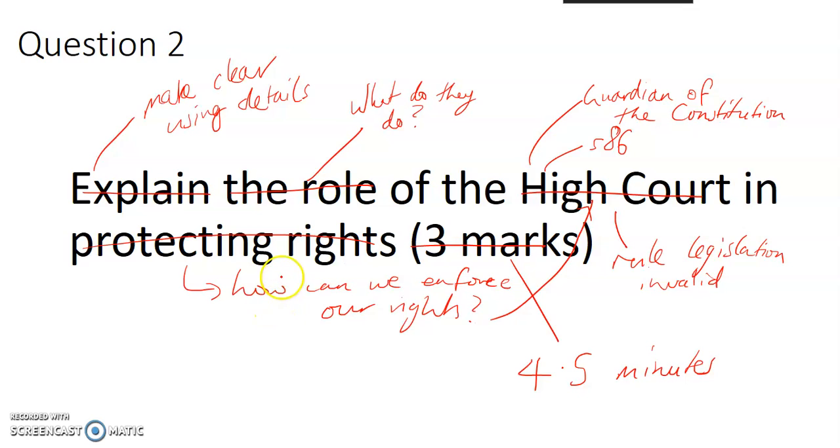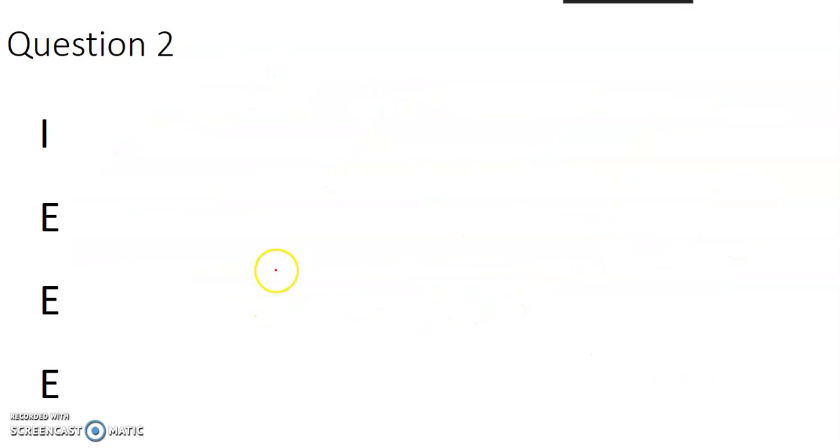All right. So let's go on to using our IEEE answer scaffold. So I'm coming back to how does the High Court protect rights? What can I do if my rights are being violated, and where does the High Court get involved?